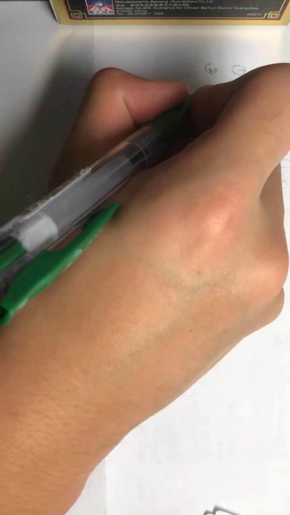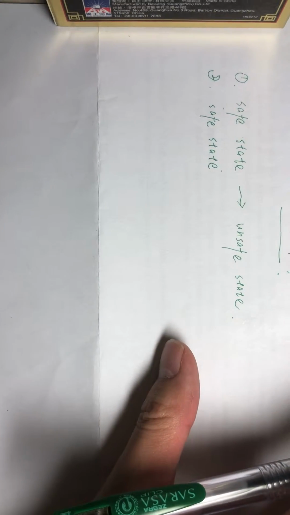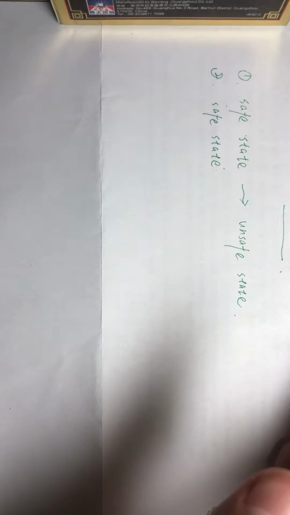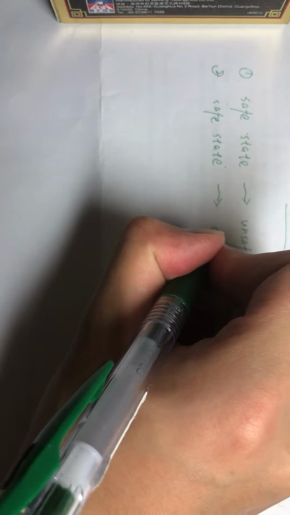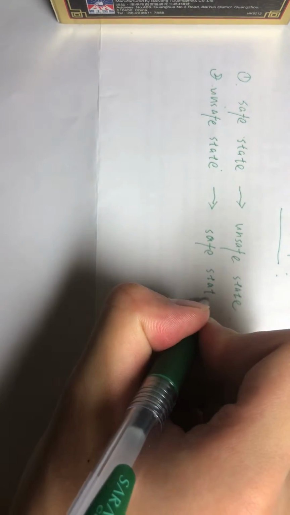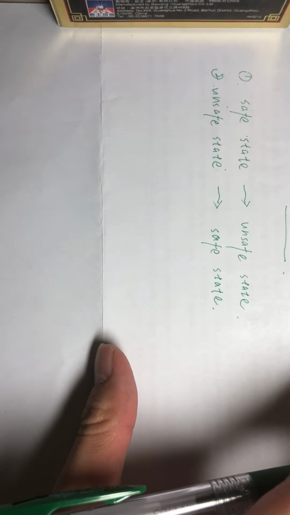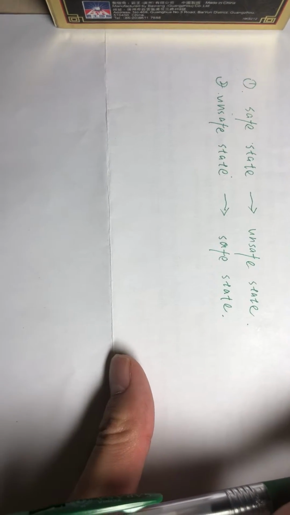And second, if it's an unsafe state, we follow the winning strategy and can make it into a safe state. That's the basic winning strategy.